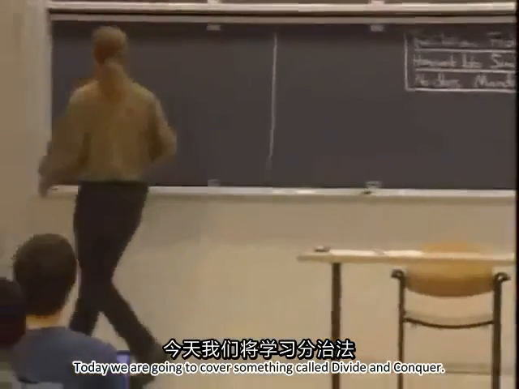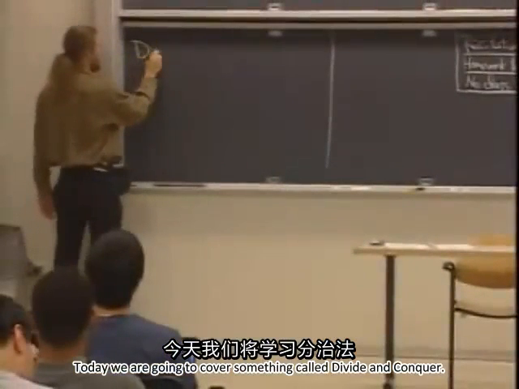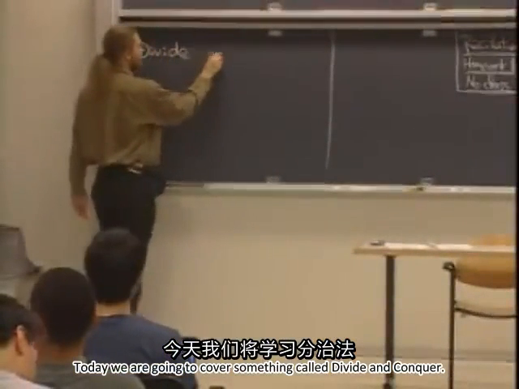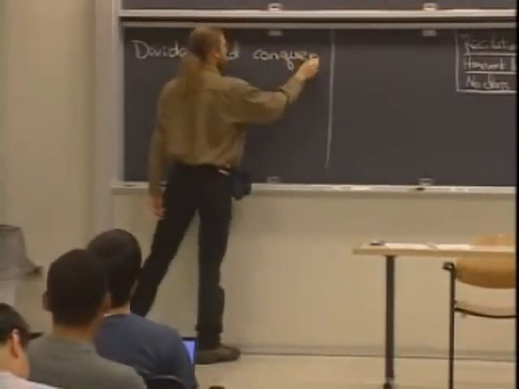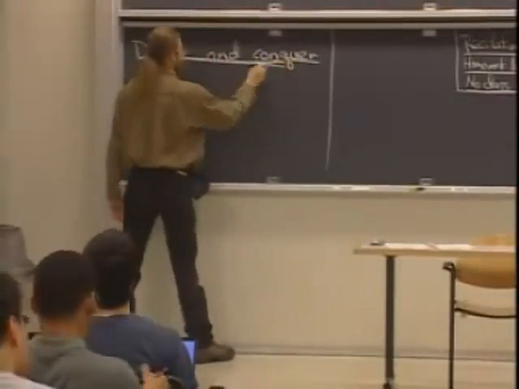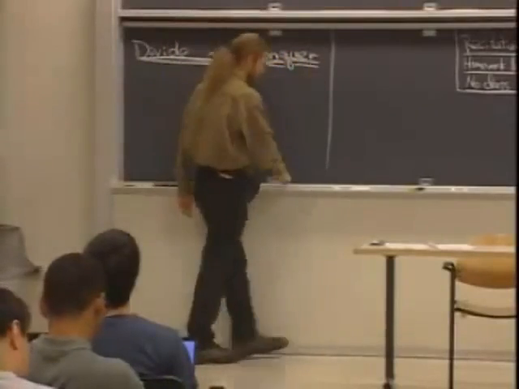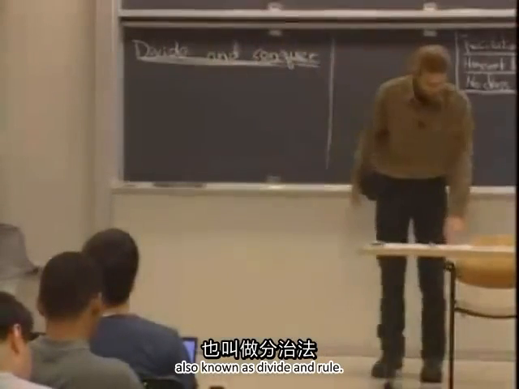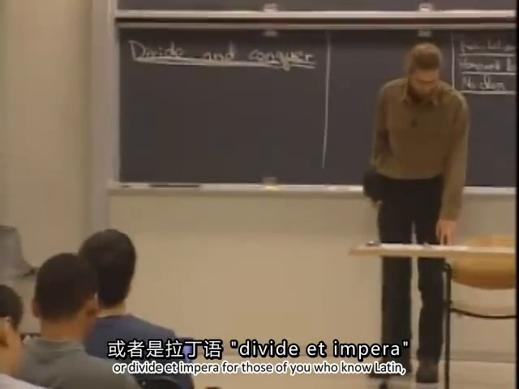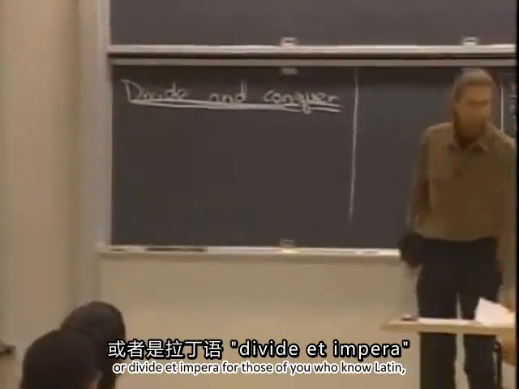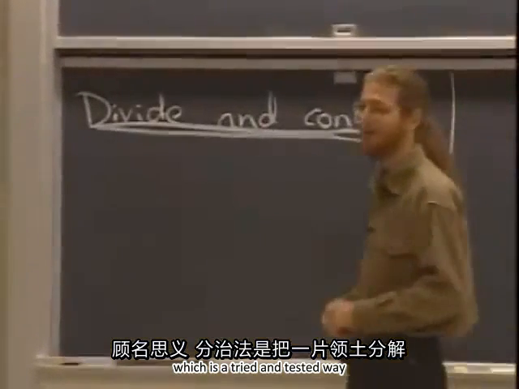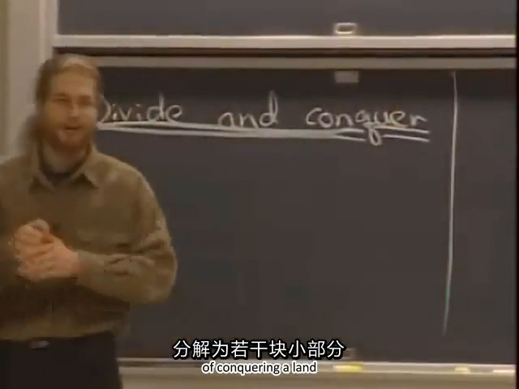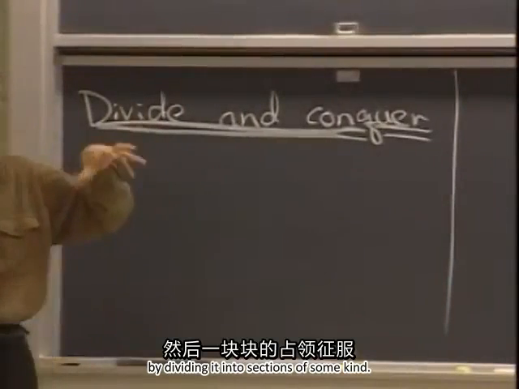Today, we're going to cover something called divide and conquer. Also known as divide and rule, or divide et impera, for those of you who know Latin, which is a tried and tested way of conquering a land by dividing it into sections of some kind.